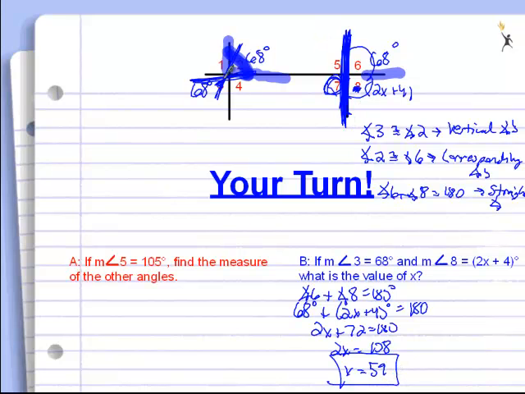You could have said angle 3 and angle 7 are congruent because they are corresponding angles. Angle 7 plus angle 8 form a straight line, so angle 7 plus angle 8 equal 180. And you could have used the exact same thing, 68 plus 2x plus 4 equals 180, to solve for x. Either way that you did it, using angle 6 or angle 7, you should still find that x equals 59.